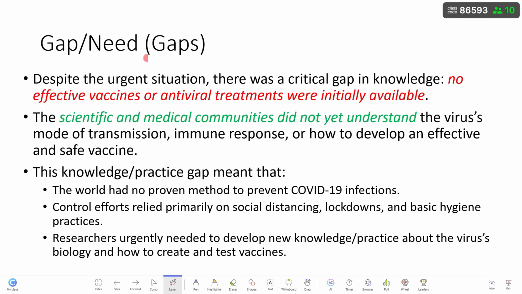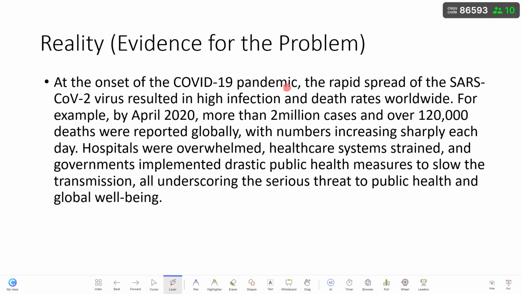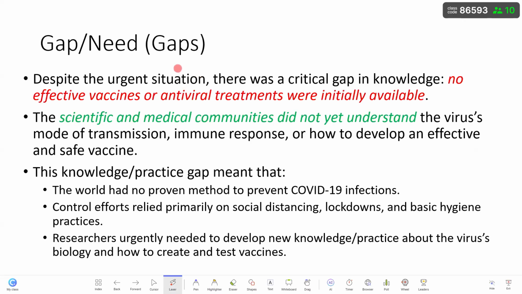And then the need or gap. People began to search the current literature, and they found that there was no vaccine or antiviral for COVID-19. Then people realized that there were so many gaps.